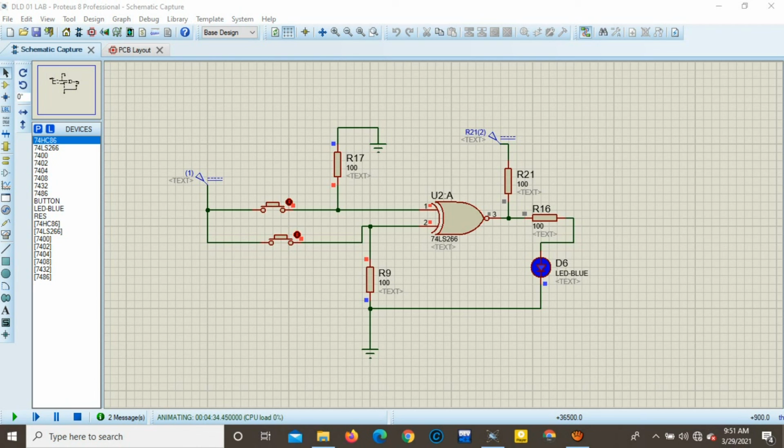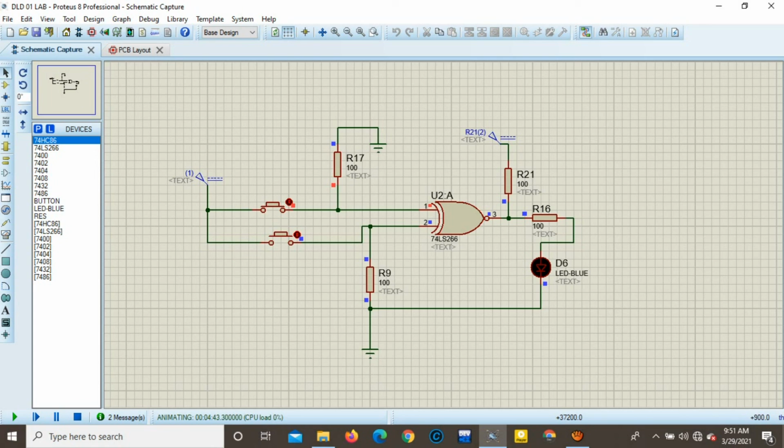So here we will see that both switches are on, or input is 1, the output is 1. When I turn off any switch, the output will be 0. For example, I give input 0 on switch A, or switch A will off, the output will be off. Similarly, when I turn off the switch B, the output will also be off.